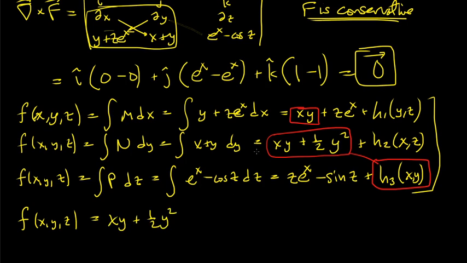Okay, anything else? So how about z e to the x? Well, it's a function of just x and z. So my h2 has to be z e to the x. Oh, and I think we also want to include the minus sine of z here. So, yeah. Z e to the x minus sine z.